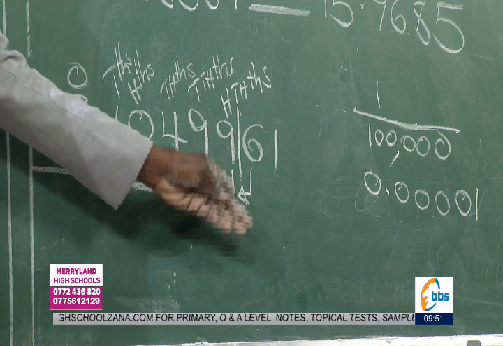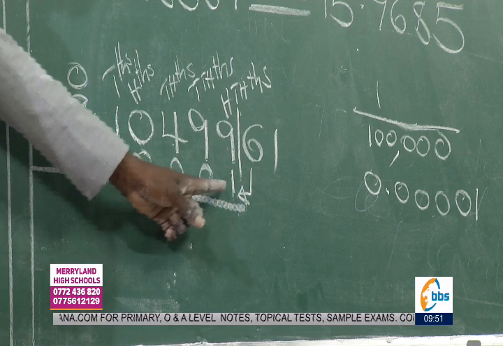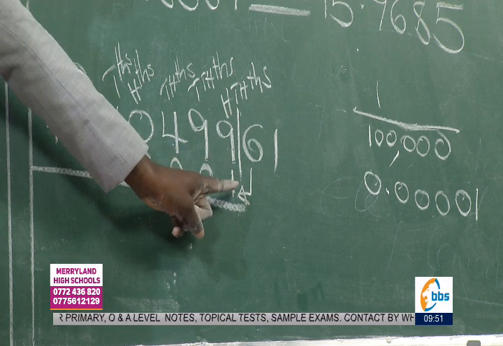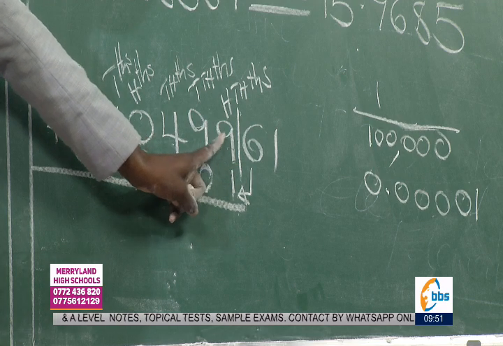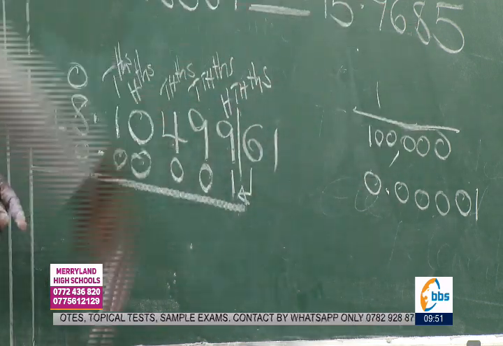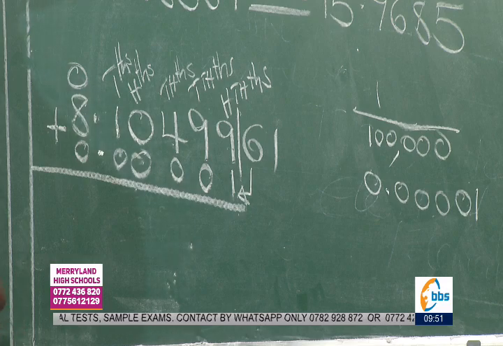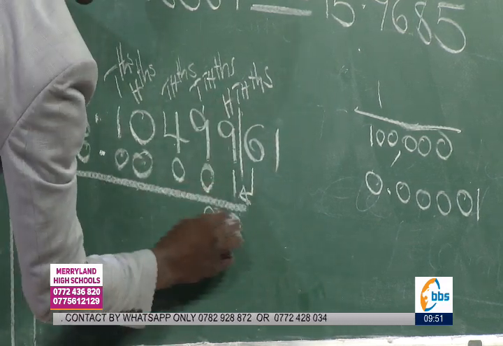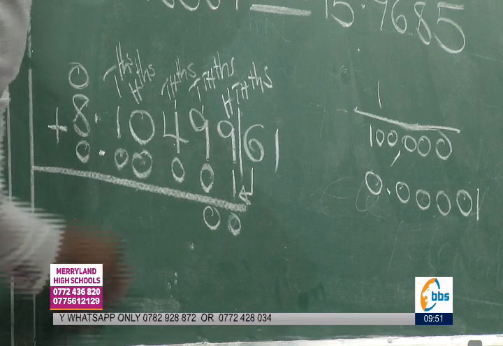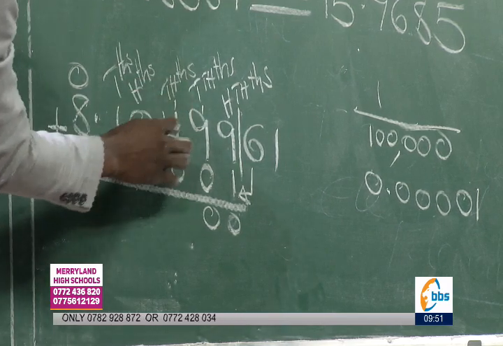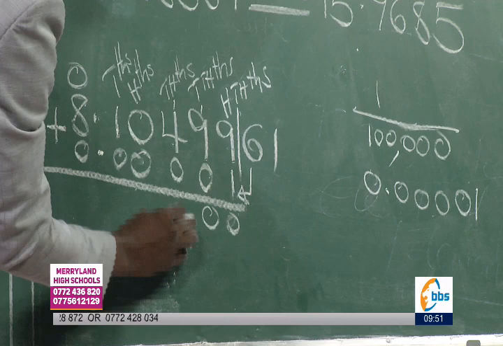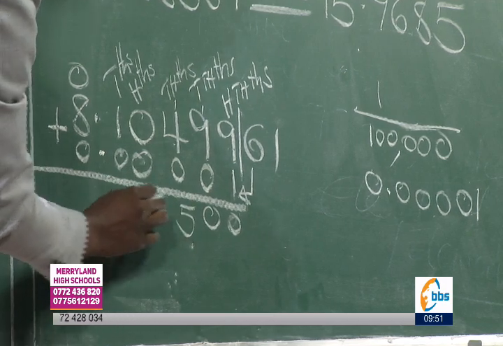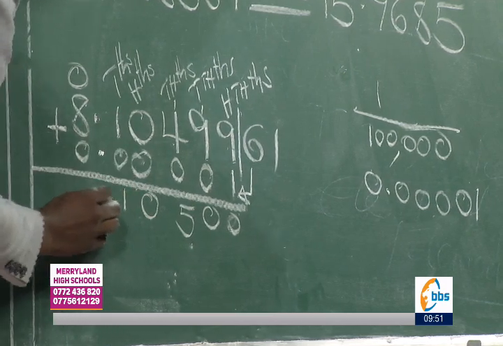So the digit in the required place value must be increased by the value of the place value. That is 100,000ths. So this is 10. Move with 1. When you add this, 1 plus 4 is 5. Plus 0, still it's 5. Then this is 0. This is 8.